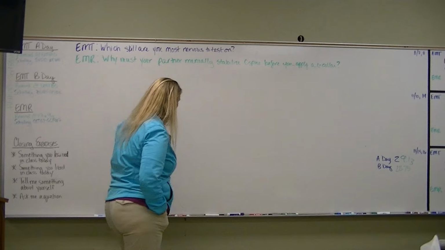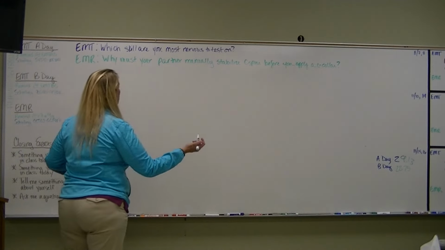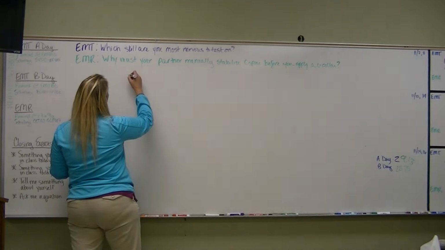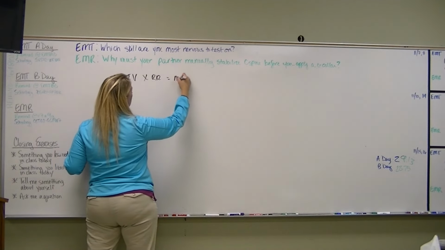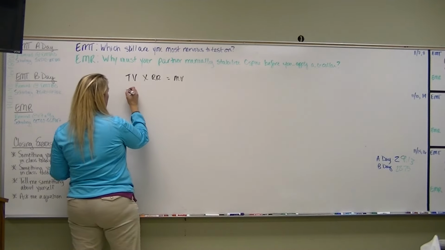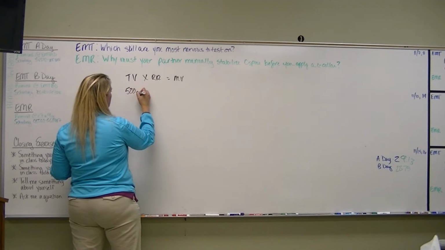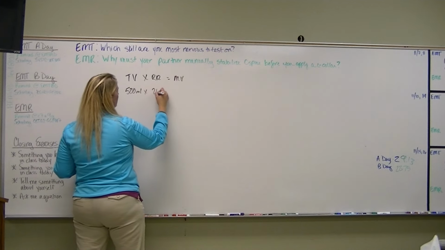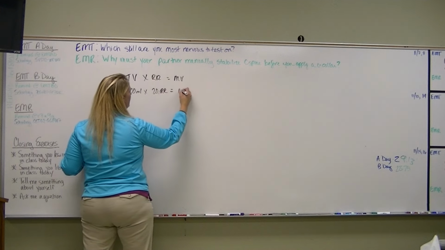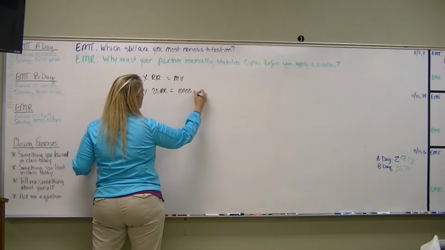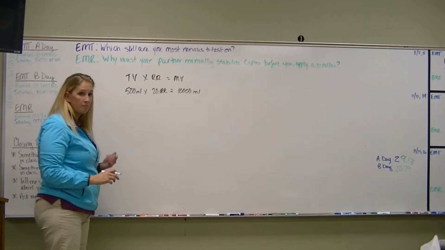Increase. Okay, so our original minute volume, tidal volume times respiratory rate equals minute volume. In our original equation, we had 500 milliliters times 20 respirations equals 10,000 milliliters minute volume, okay?